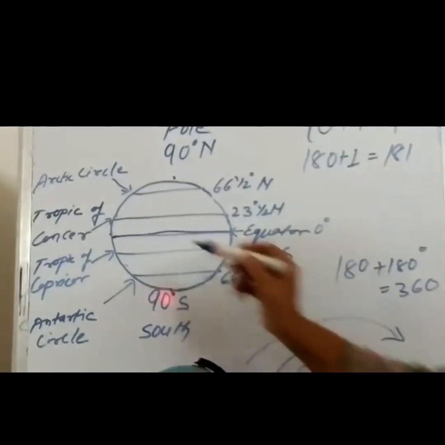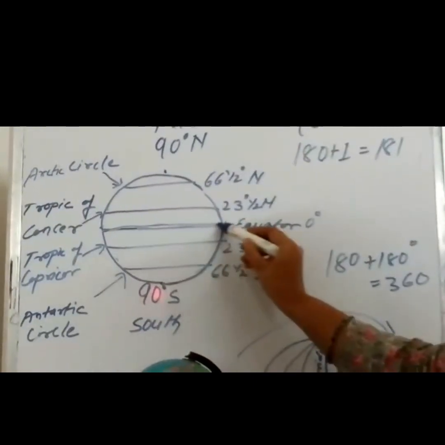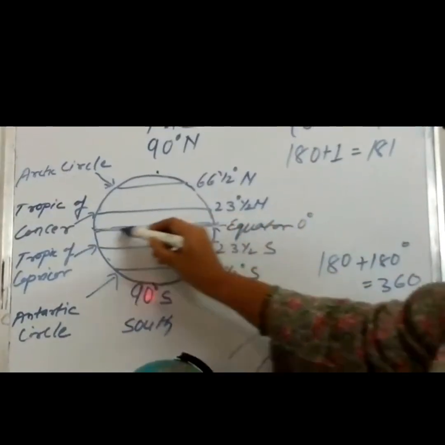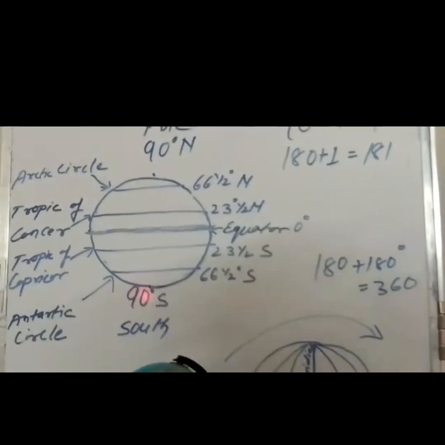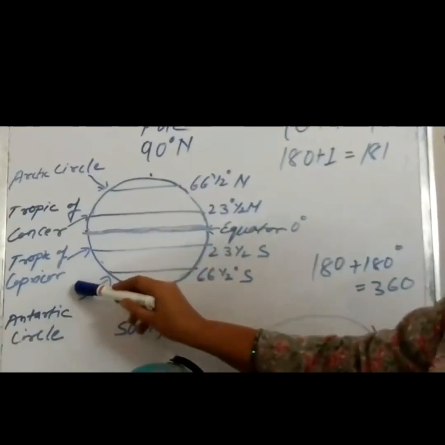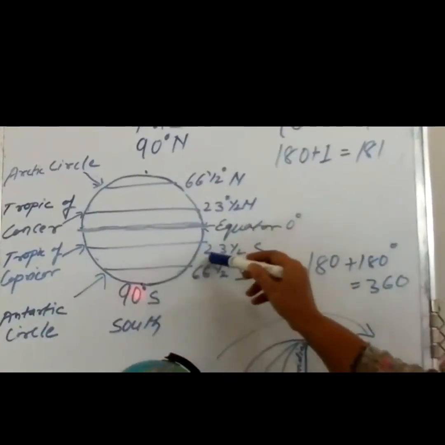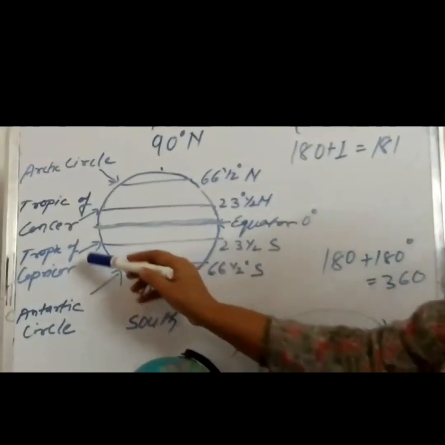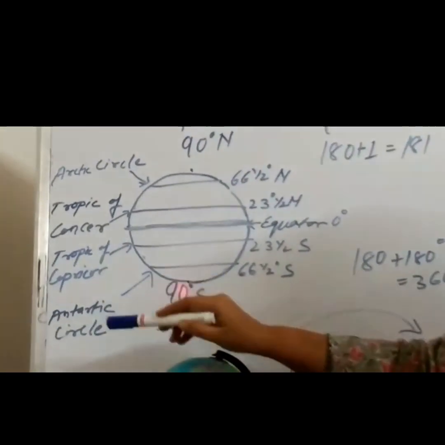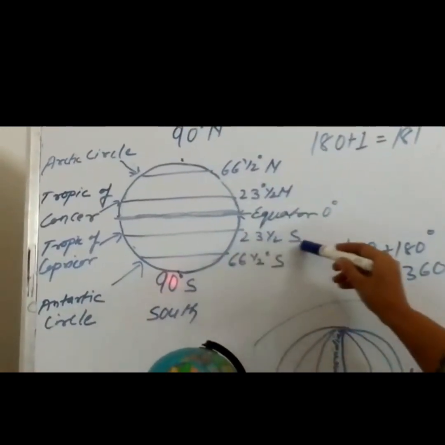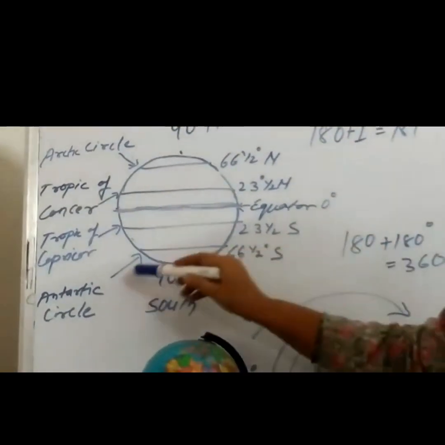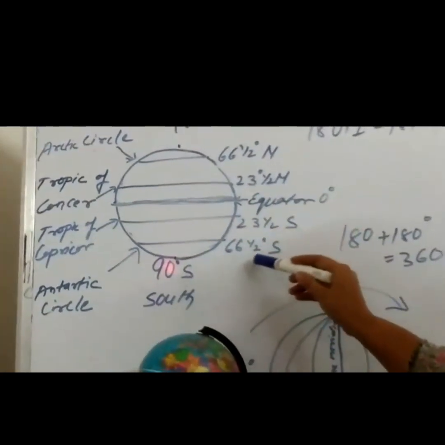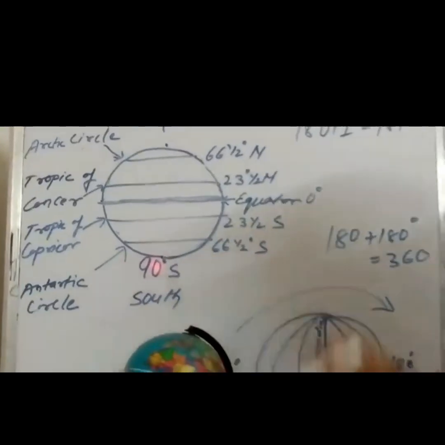After that we have a very important line, the equator, that divides the earth into two equal halves. After that we have the Tropic of Capricorn, which is 23 and a half degrees in the southern hemisphere. After that we have the Antarctic Circle, which is 66 and a half degrees in the southern hemisphere.